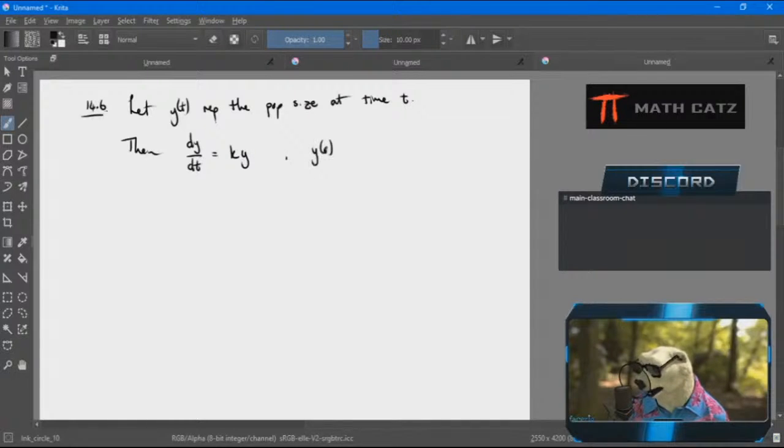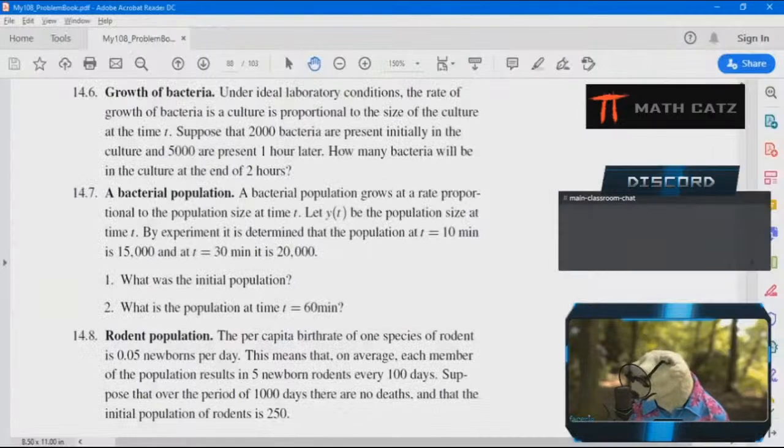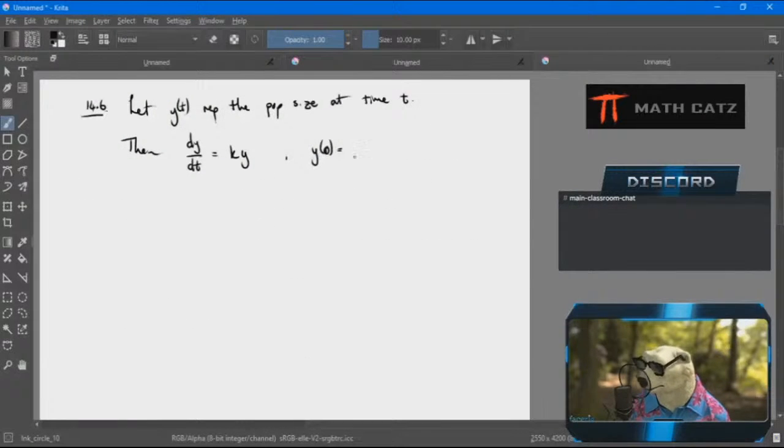And initially, they tell me 2,000 bacteria are present, but they don't tell me the growth constant. So I'm going to leave that as a k, my right now unknown growth constant. We have to figure it out soon, but we don't know right now.